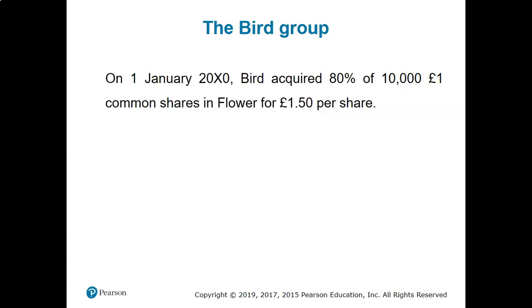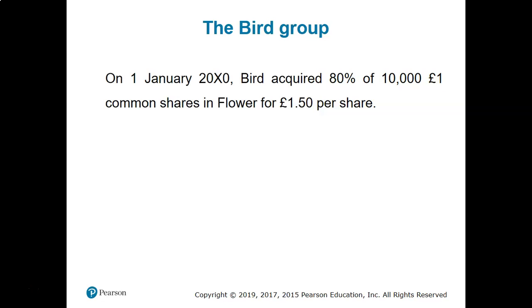So let's see the example again. If you see, it is the same company, the same picture, but with a different name. On 1st of January 2020, Bird acquired 80% of 10,000 £1 common shares in Flower for 1.5 per share.